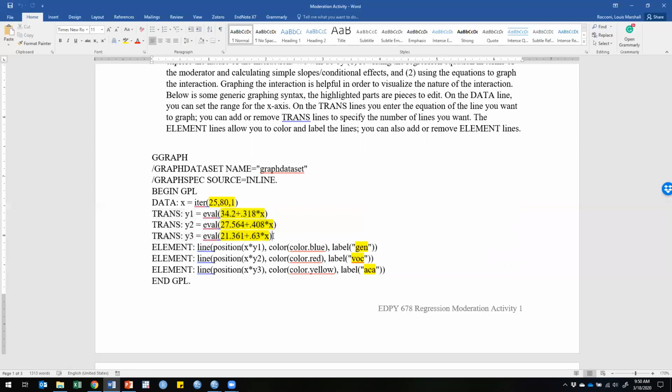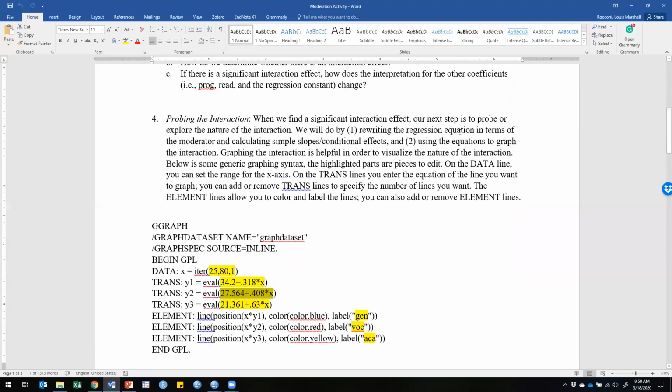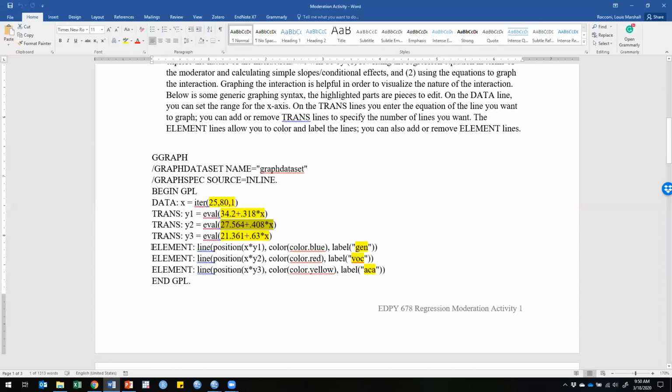Our academic program variable had 3 levels, so we're going to have 3 trans lines, and I'm showing you how to generate these equations in a minute. This is what I mean by number 1: I'm going to rewrite the regression equations in terms of the moderator. And then you can add and delete element lines here to correspond to the number of trans lines you have.